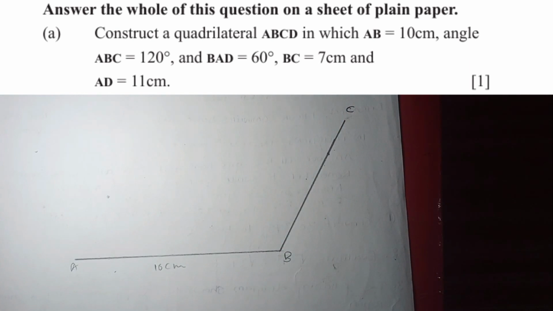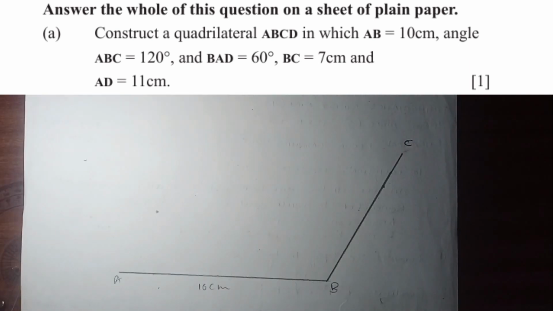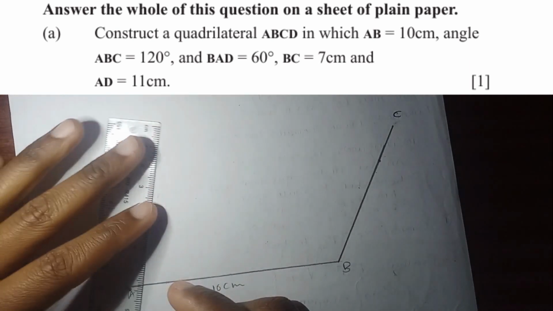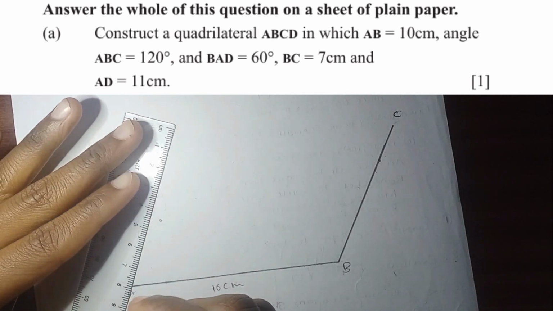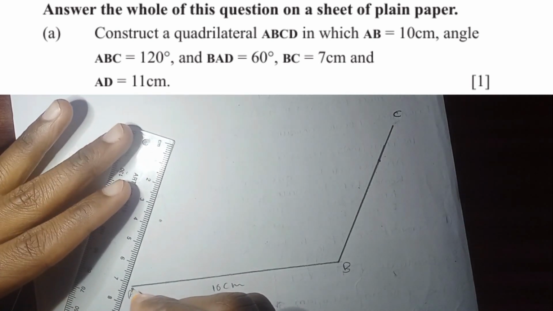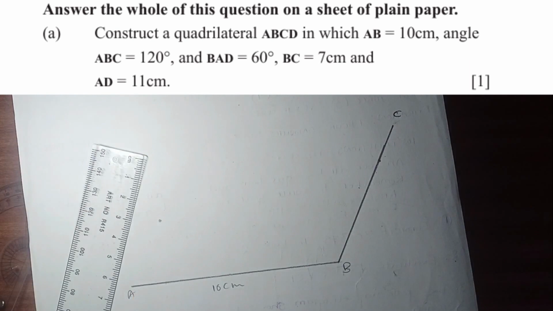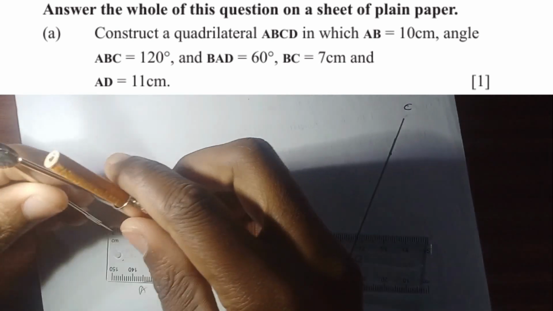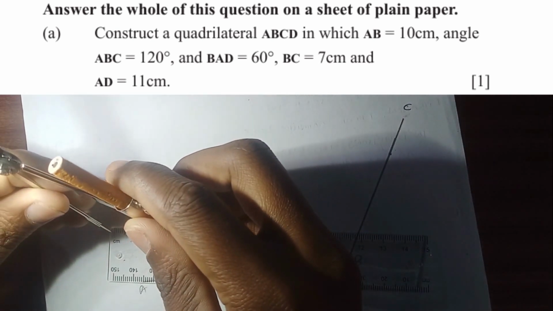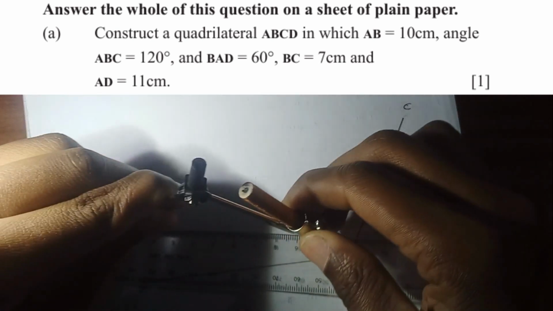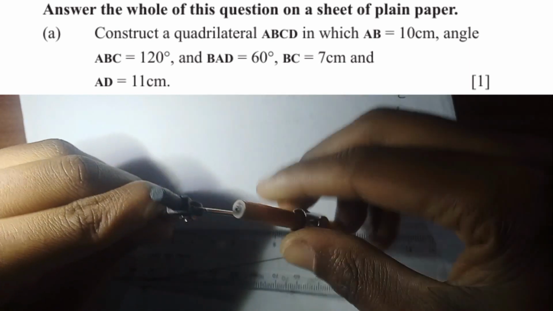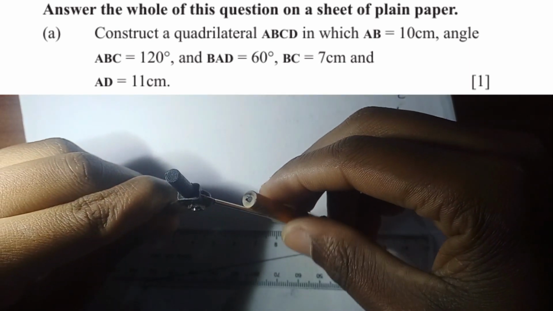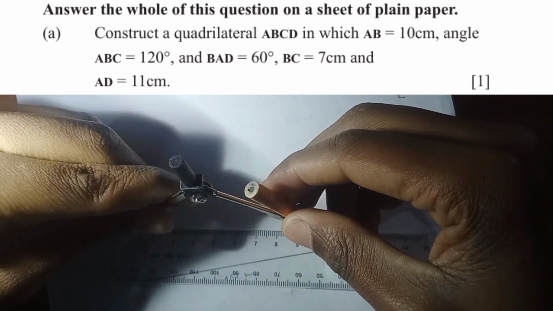What else have we been told? BC is 7 centimeters and AD is 11. D is somewhere there. If you want, you can do this. Let me show you something. You can use your ruler and measure 11 centimeters.